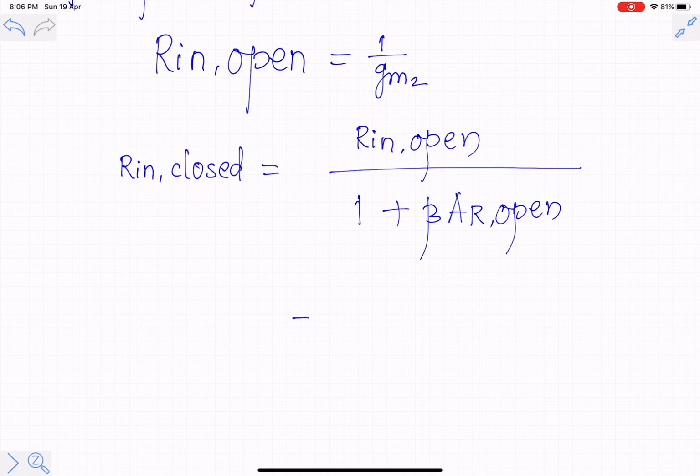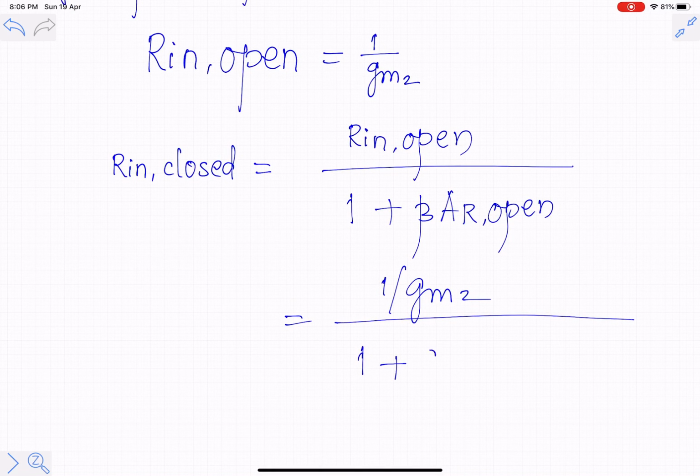R in open is 1 by GM2 divided by 1 plus beta into AR open, which is GM1 into RD multiplied by C1 divided by C1 plus C2.